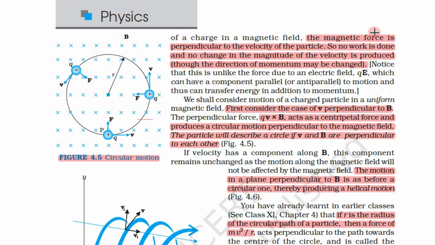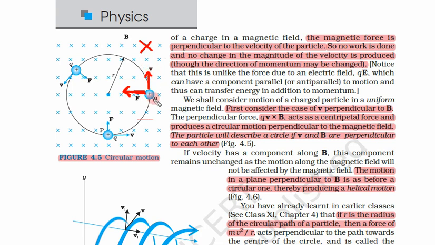Again, listen again to what they are trying to say. If the particle is moving in this direction and the magnetic field is inside the plane of the paper, and we calculate the force is in this direction, we can calculate the direction of the force as we have seen in the previous example.